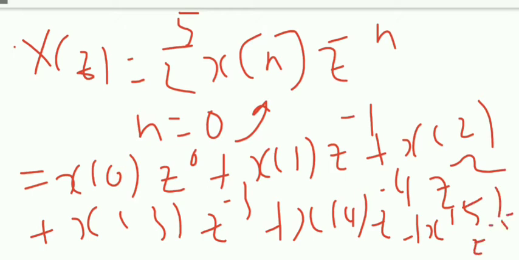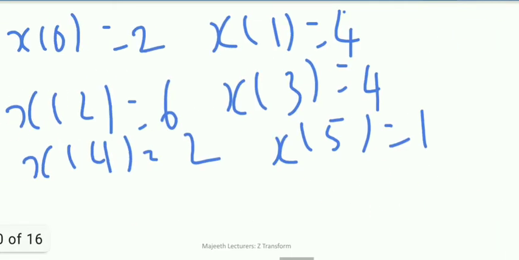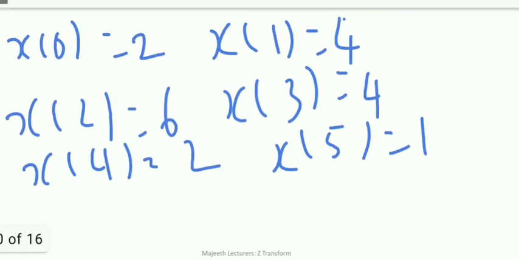You know the values of x of 0, 1, 2, 3, 4, 5, and those are available in the previous slide. So here you see, you can delete it and write again.